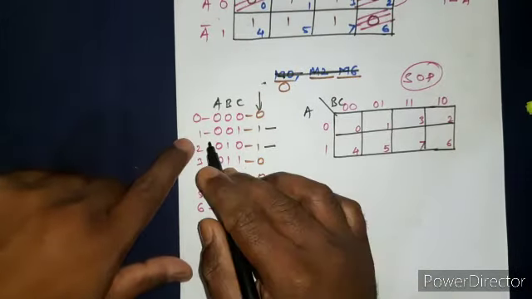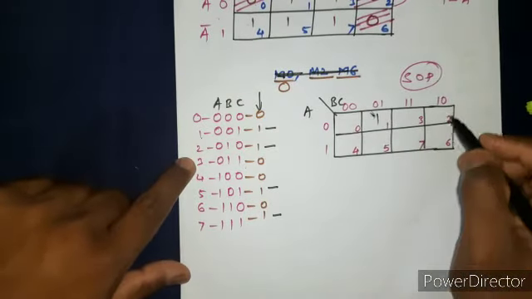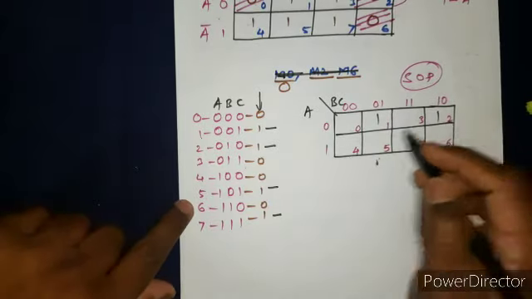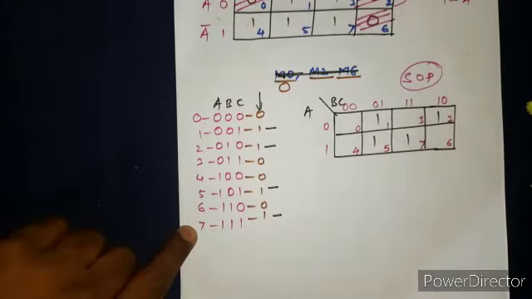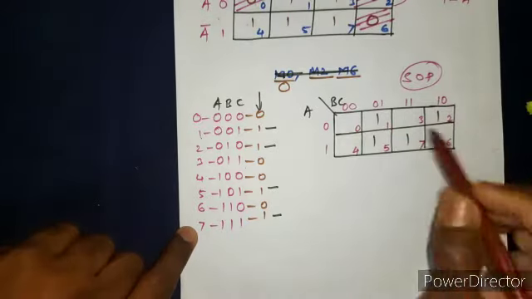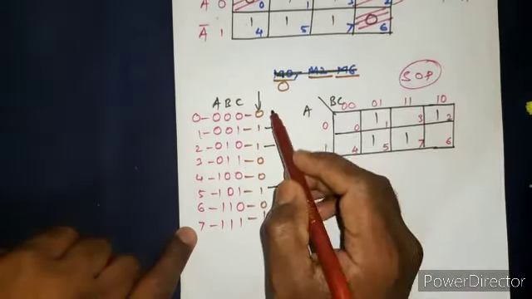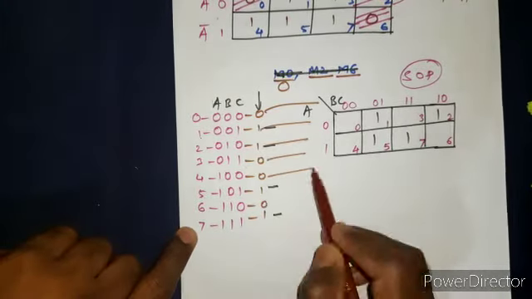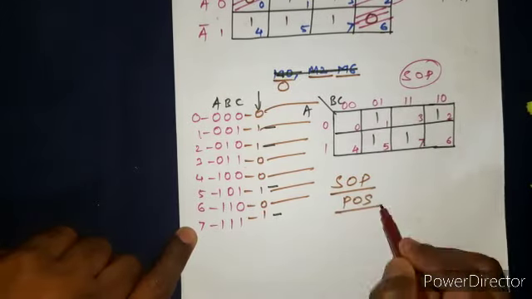So for 1 it is 1, so I'll put it here. For 2 again it is 1, for 5 it is 1, and for 7 it is 1. All others I can leave as empty cells, or I can put 0 here.